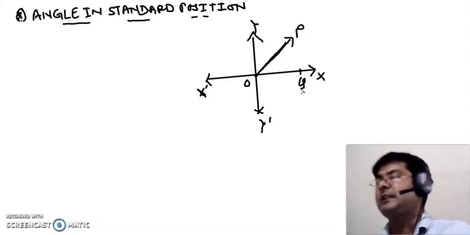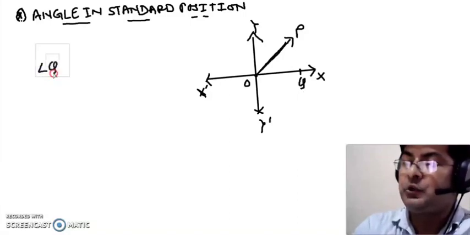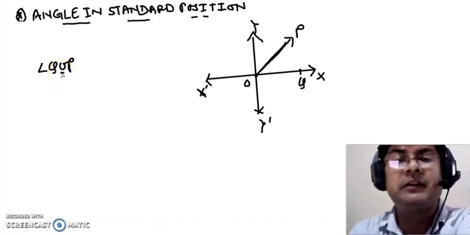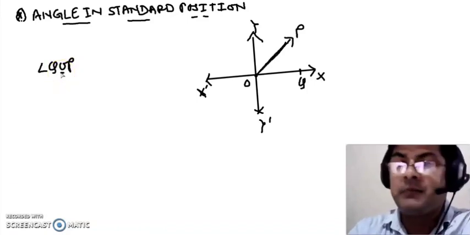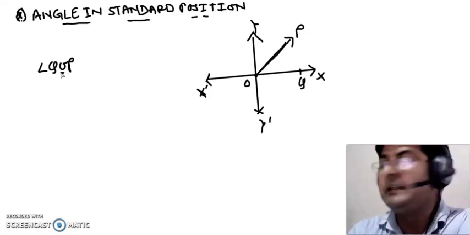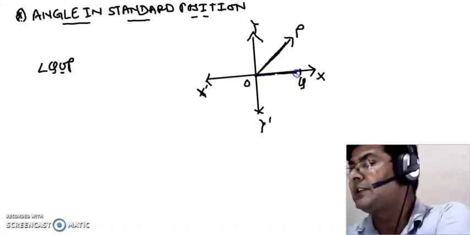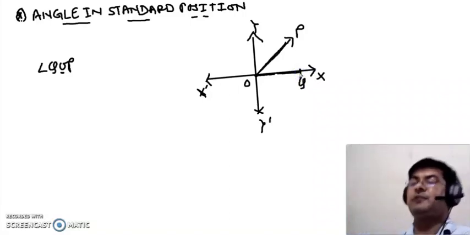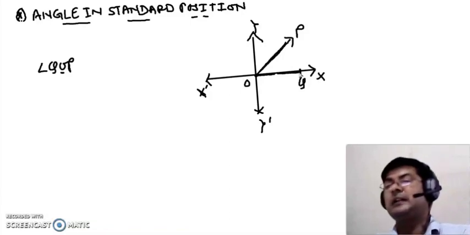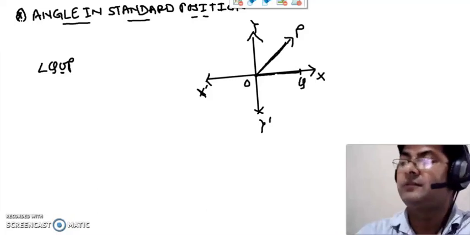You will notice that the endpoint of angle QOP coincides with the origin O, and the initial side of angle QOP coincides with the positive direction of the x-axis, and therefore we can say that QOP is an angle in the standard position. So we can write down this fact in this way.